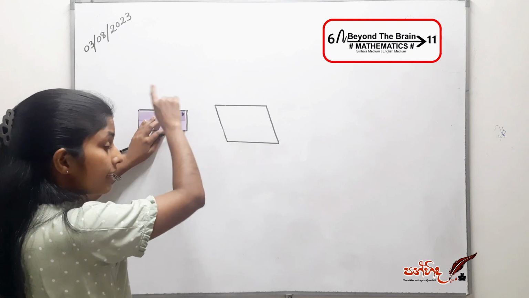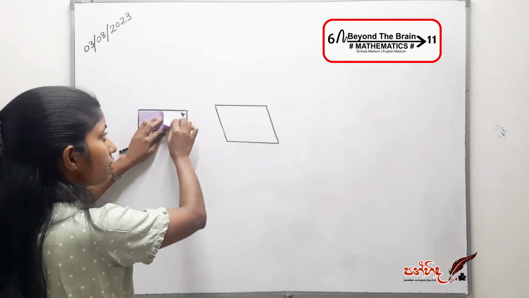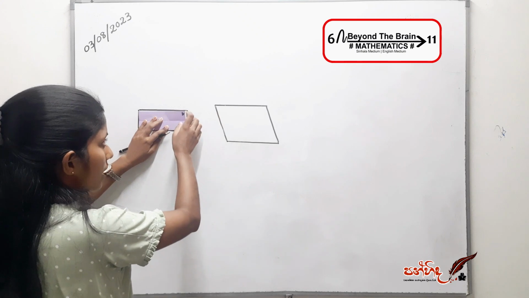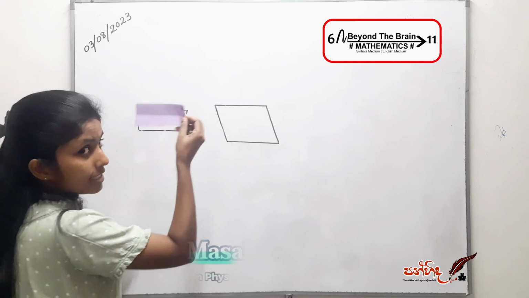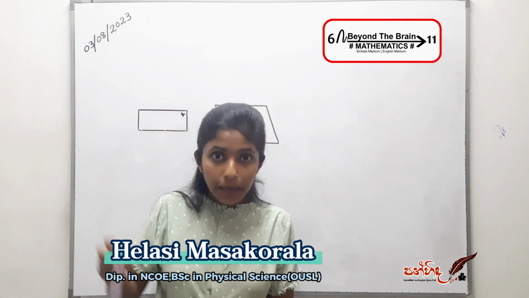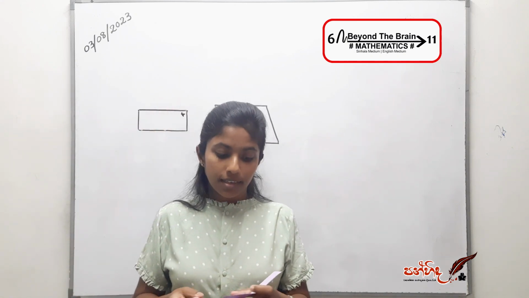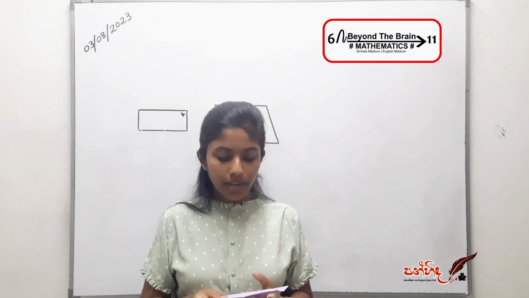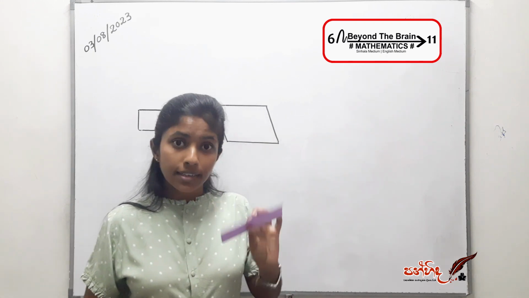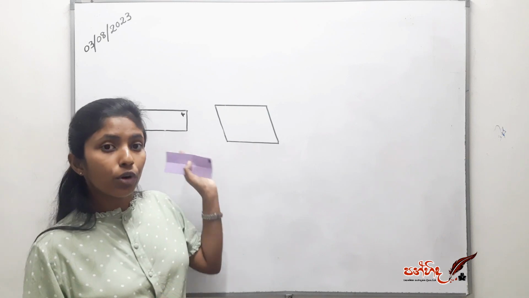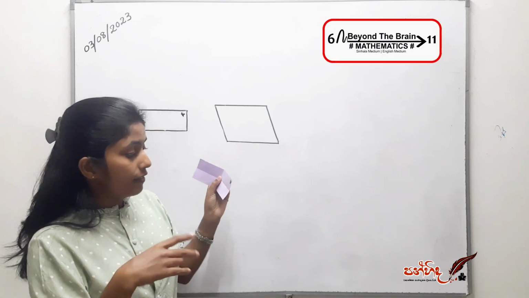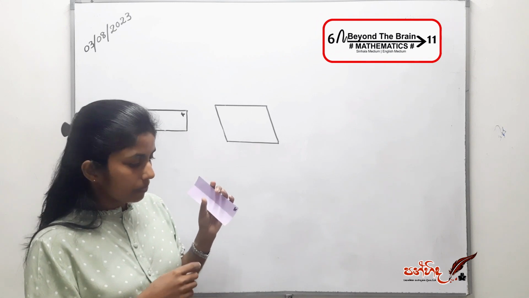That means within the first rotation it has coincided two times, right? When these two stars come to the same position, we can understand that one complete rotation has taken place, right? So now you can understand that this has coincided with the figure on the board two times within the first complete rotation.